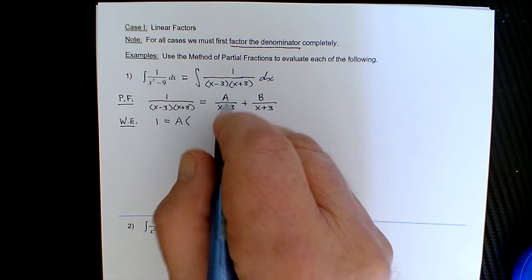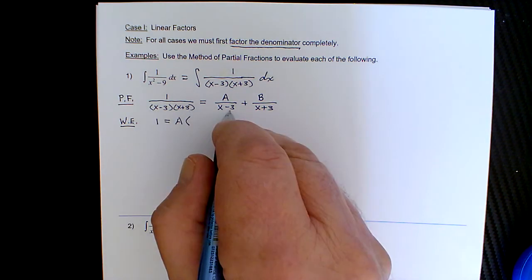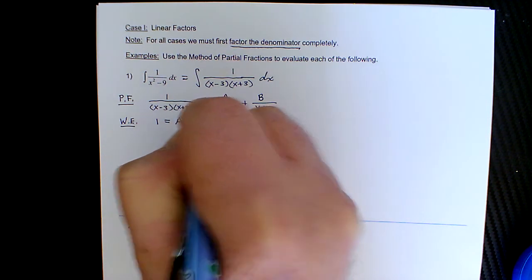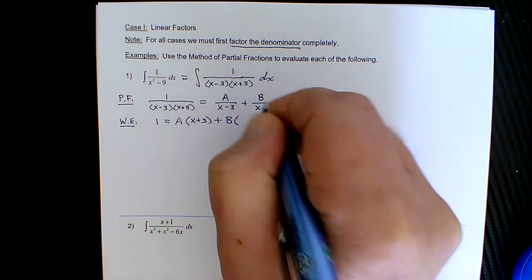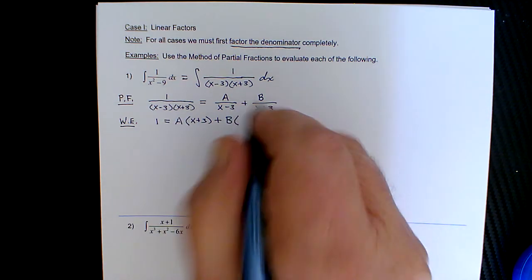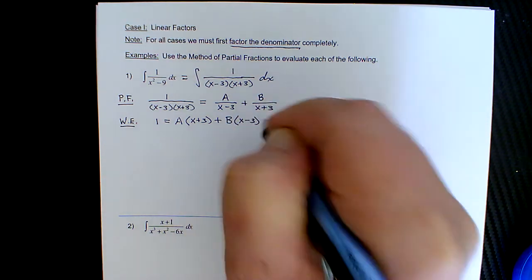But just mentally, if you multiply a over x minus 3 by this denominator, the x minus 3's will cancel, and we'll be left with a times x plus 3. And similarly, we'll have plus b times, we multiply b over x plus 3 by this denominator, the x plus 3's cancel, and we're left with b times x minus 3.